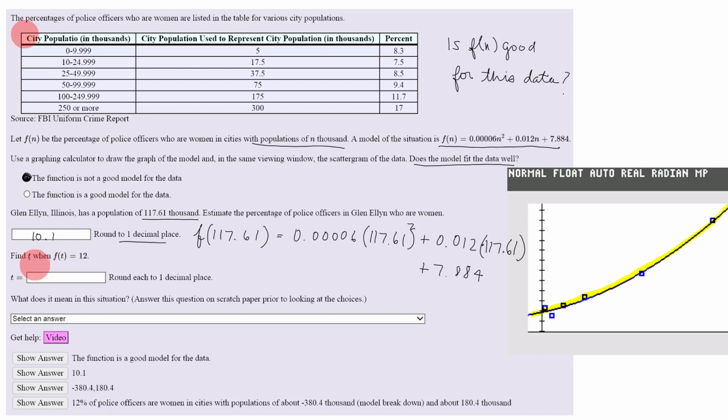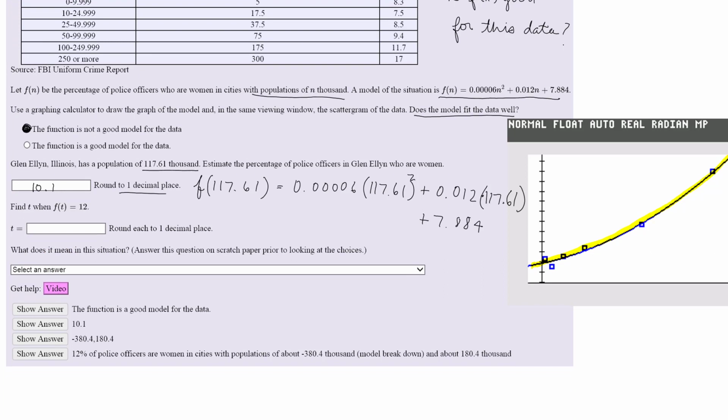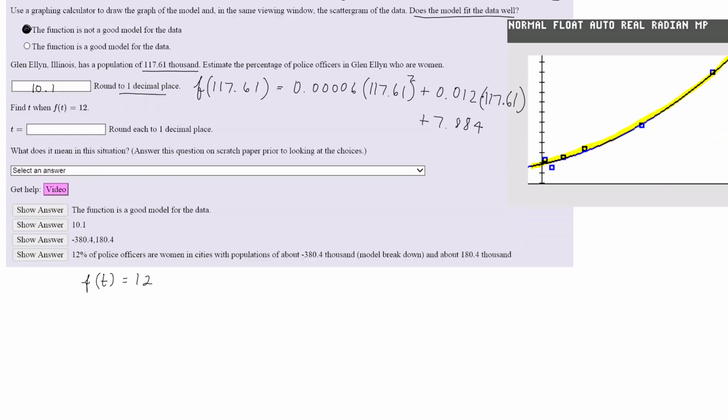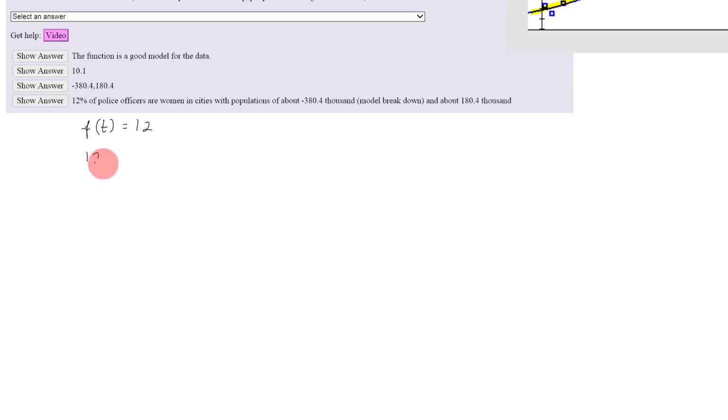When I want to find n when f of n is 12, then I would have to do a little bit more algebra. So for example, if I have f of n equal to 12, what they really want is for us to plug in 12 equal to 0.00006 n squared plus 0.012 n plus 7.884.